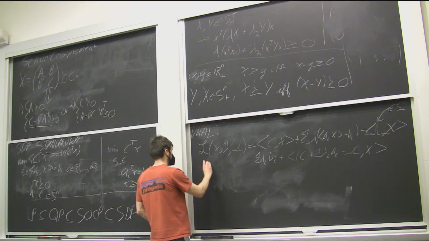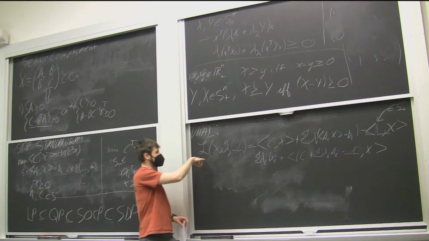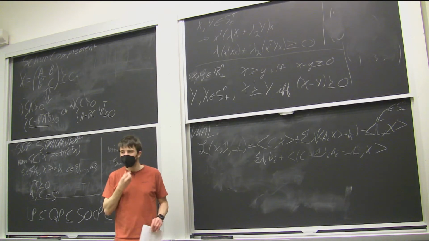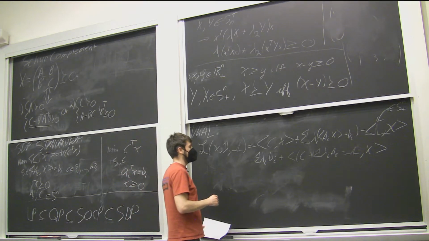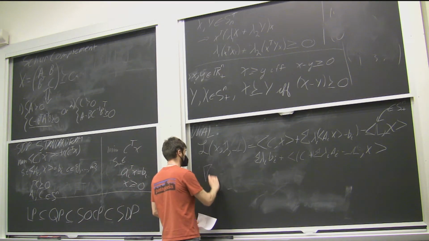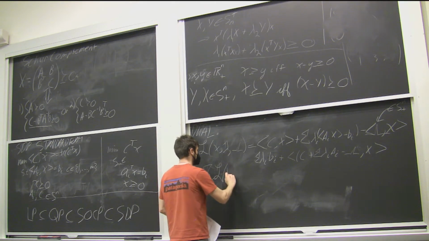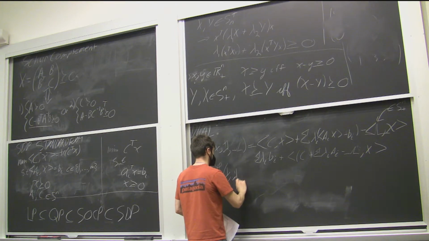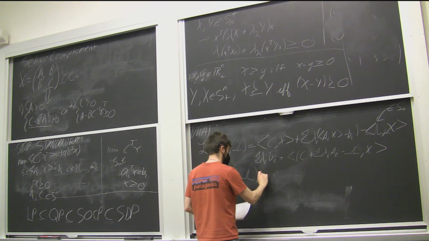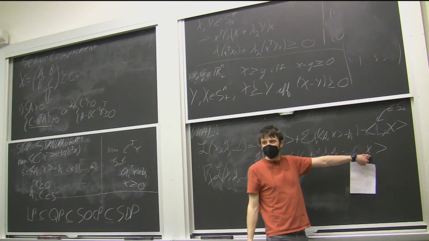Okay, so the first thing I do is I want to minimize the Lagrangian with respect to x, right? In order to do that, I'm going to take the gradient with respect to x of my Lagrangian. And the only place it shows up is here.